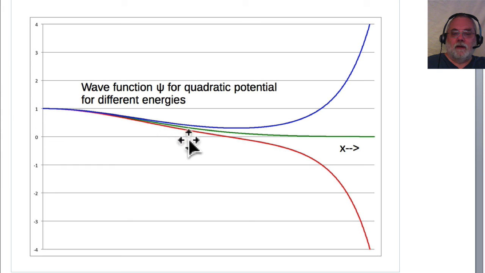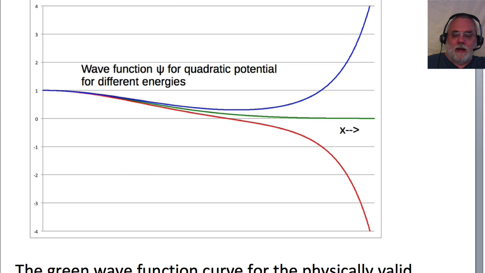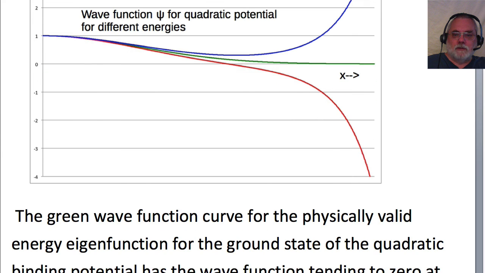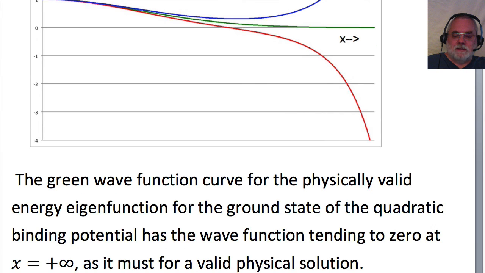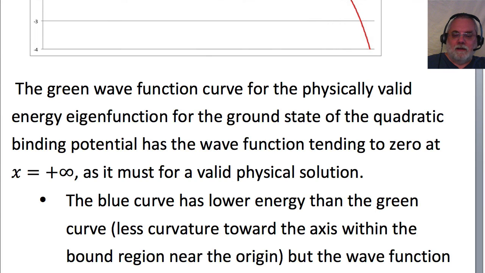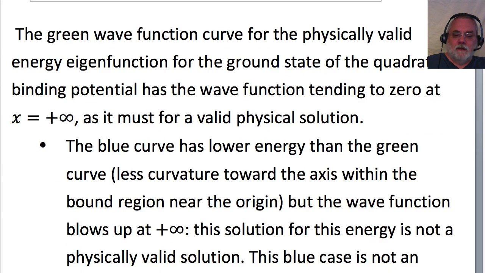If we look around here, we can see that it has less curvature toward the axis within the bound region near the origin, but the wave function blows up at plus infinity. This solution for this energy is not a physically valid solution. This blue case is not an energy eigenvalue and an energy eigenfunction for this potential.